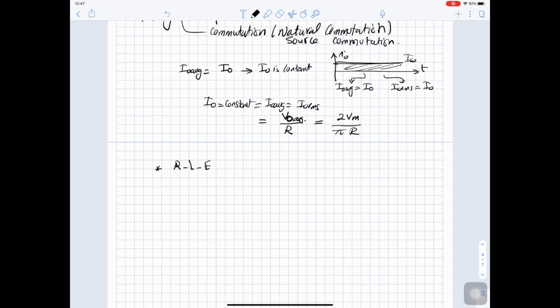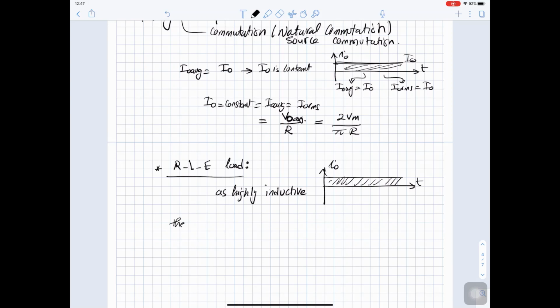If we have RLE load, we treat RLE load as highly inductive. So when we are sketching the current I out versus time, it should be constant.